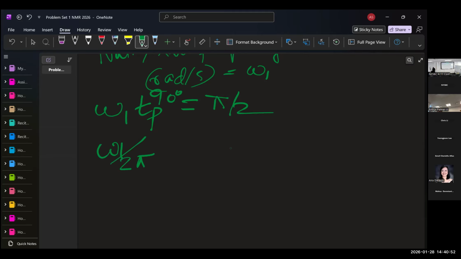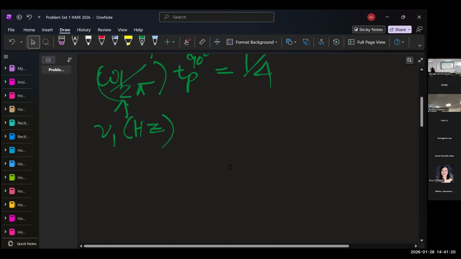That gives us omega 1 over 2 pi, or nu 1 in hertz, times the 90-degree pulse length, equal to 1 over 4.